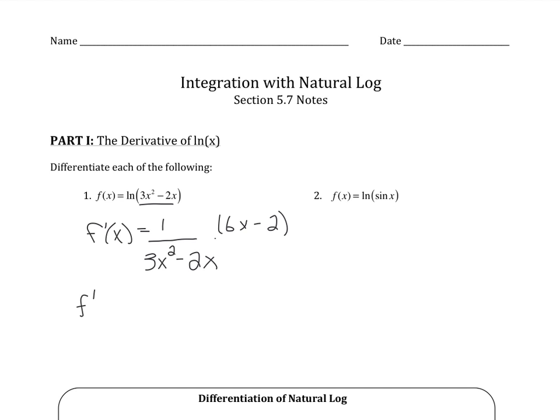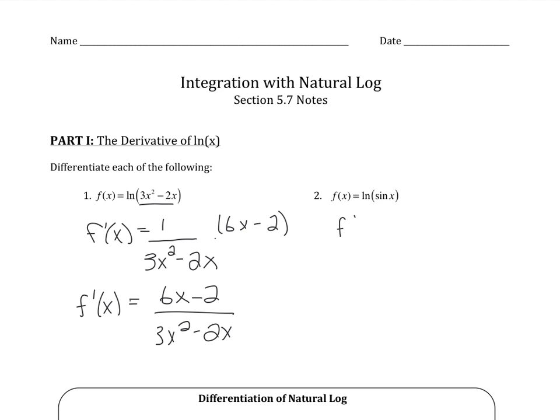Just to make things a little bit more concise, we'll say that's equal to 6x minus 2 over 3x squared minus 2x. We could probably clean this up a little bit further, but I'm going to leave it like that for now for a reason. Okay, now let's do number 2.